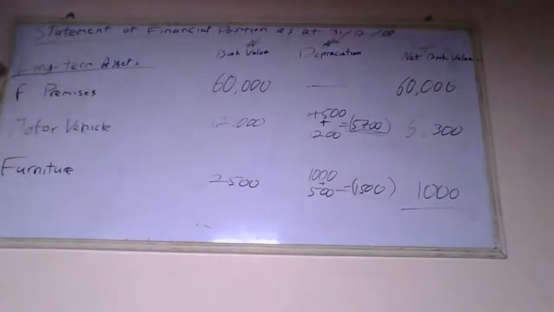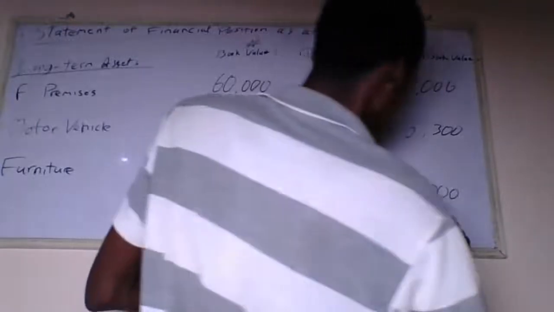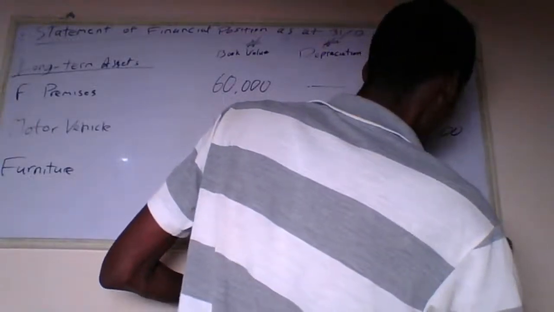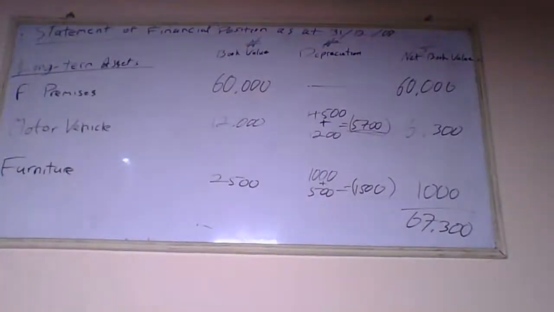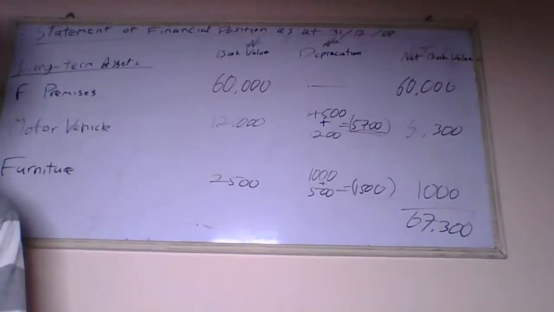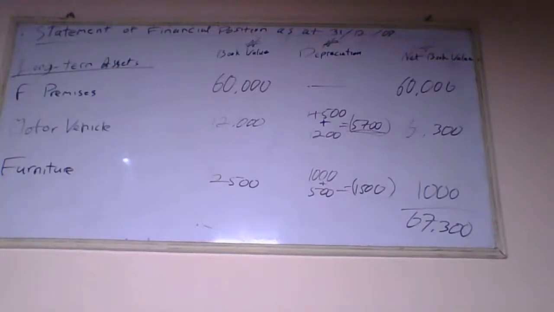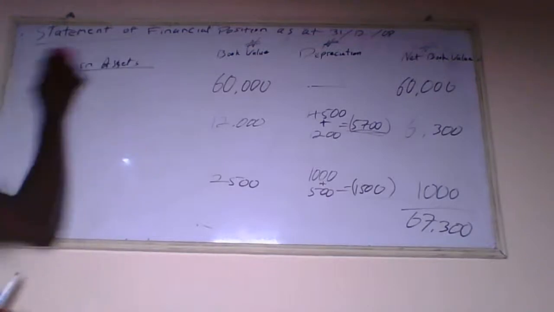Those are the only three long-term assets given to us in the question. You add all the figures together to give us the value for our long-term assets. Almost done. So next up, we have our current assets.